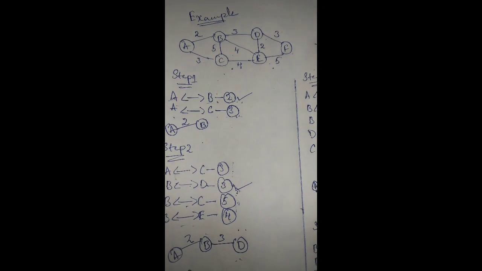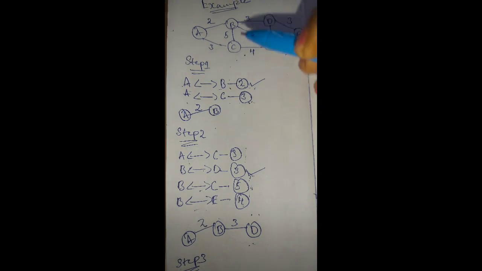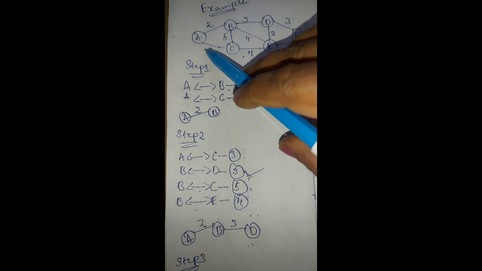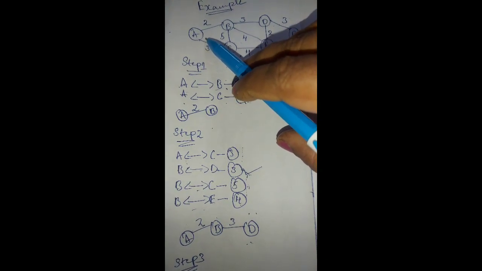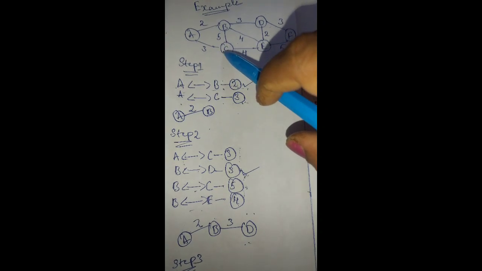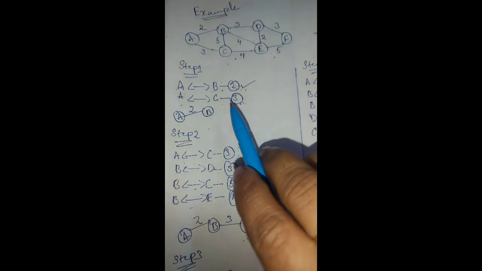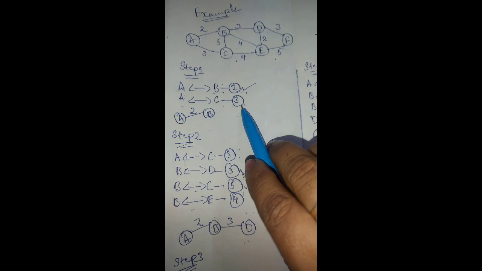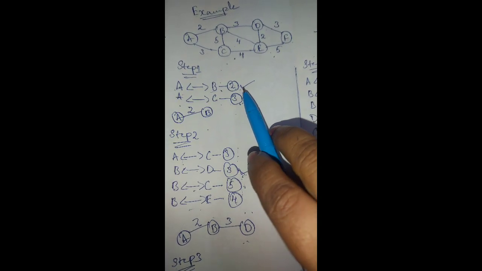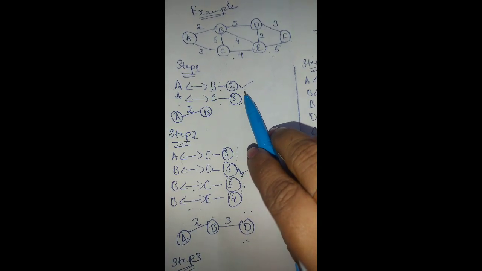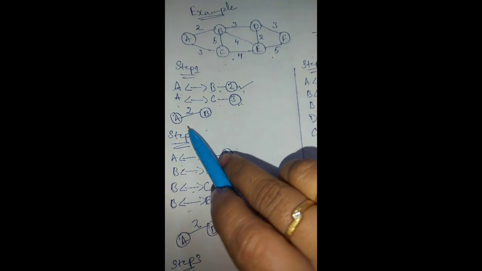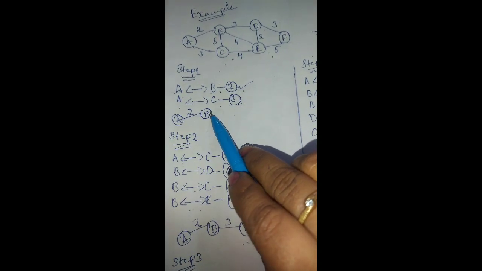How to minimize this graph cost? In step 1, I am selecting the vertex A. What are the connections for A? A to B and A to C, so I am taking 2 edges. What is the minimum edge? That is A to B. So I am creating a graph A to B.